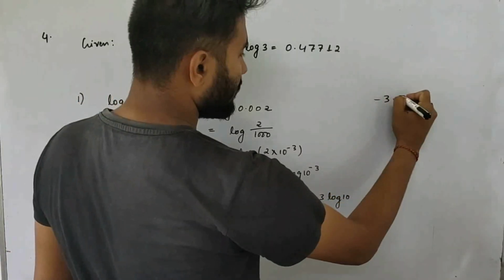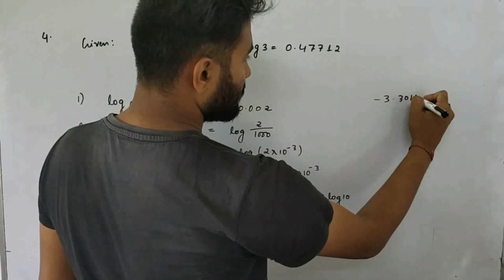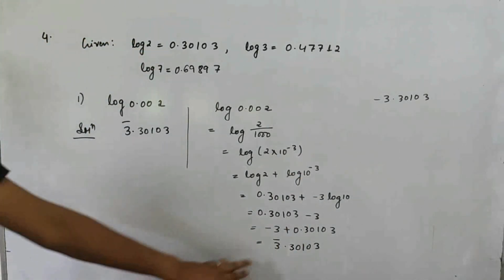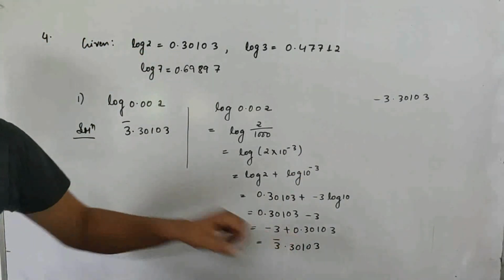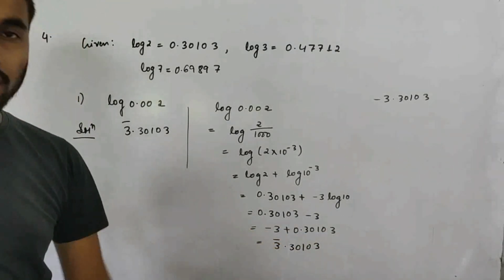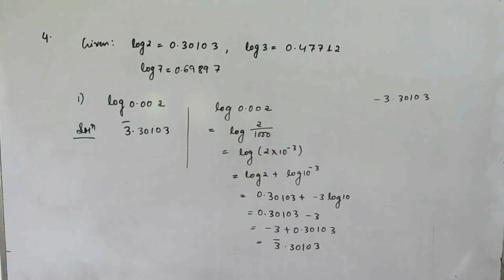That would mean your mantissa is negative. You have to write either in this way, that is, plus mantissa, or you have to write 3 bar. Understood? 3 bar point 30103. So this is your answer.